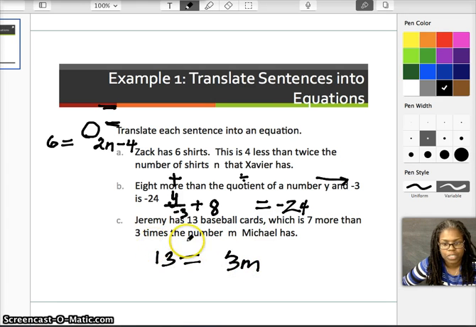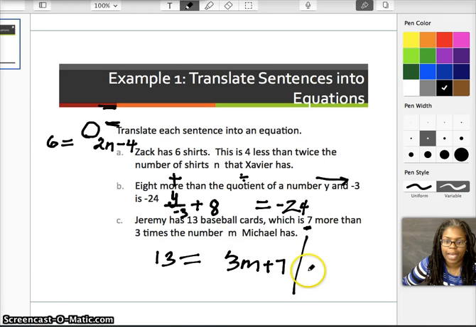I'm comparing Jeremy's 13 to 3 times the amount that Michael has. But now I've got to figure out what to do with this 7. How do I make this situation equal? Well, if Jeremy has 13 and that is 7 more than 3 times Michael's, to make it equal, I'm going to have to add 7 to the side with 3 times Michael.